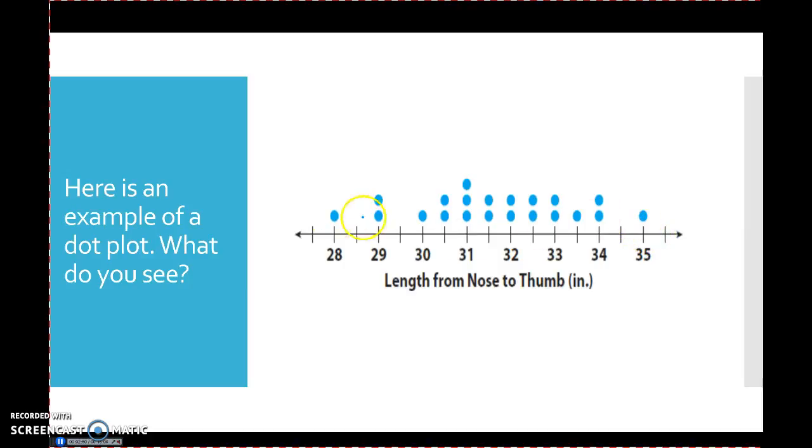That it looks fairly evenly distributed, which means that there's about 1 to 2 dots on most of the points. And let's see what else. So most of the people have a length of 31. That's the most common number. And the majority of people have between 30 and 34. So these are just kind of the things that we want to think aloud when we're analyzing dot plots.